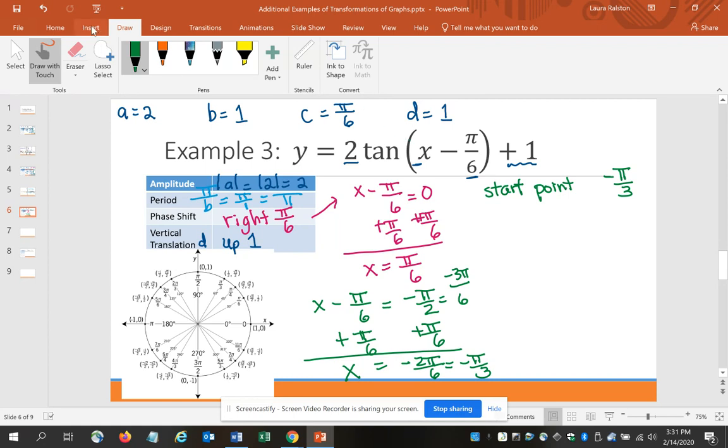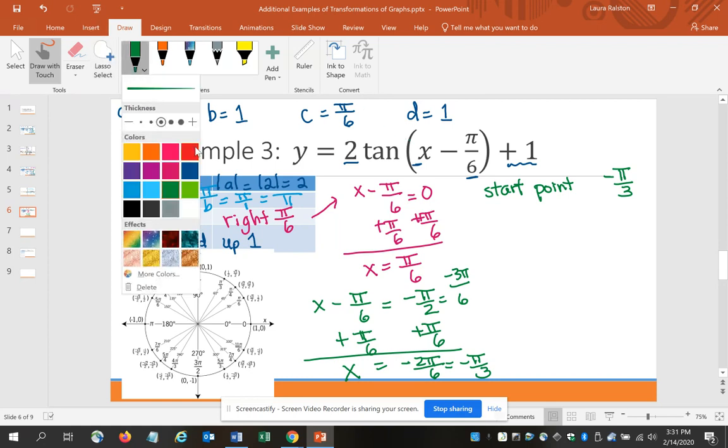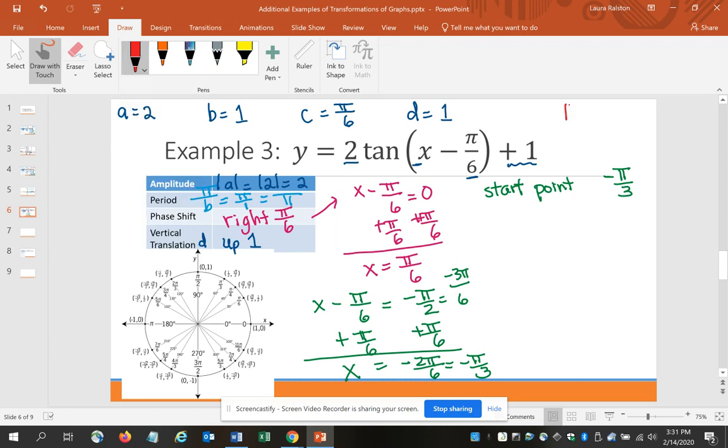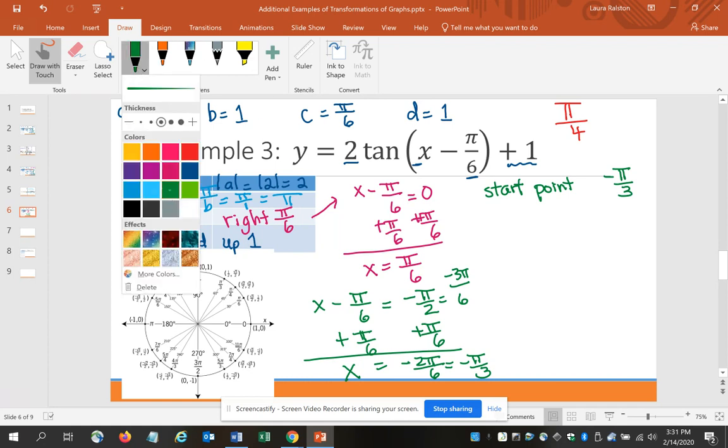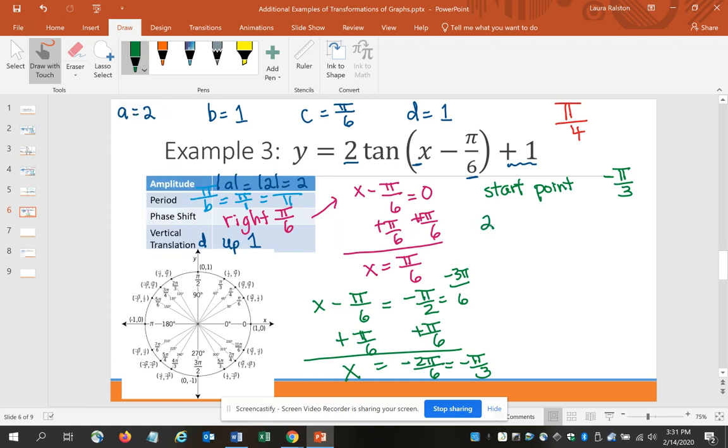I still can use the idea that the increment is period over 4, which in this case is pi divided by 4. So to get my second point that I need to mark on my grid, I've got to do negative pi thirds plus pi fourths. Now you're going to have to find a common denominator, which is 12.